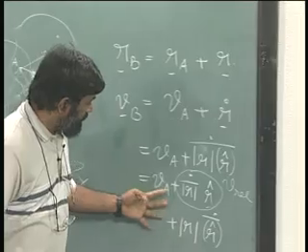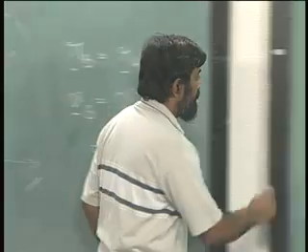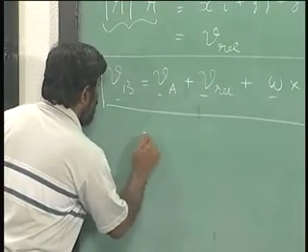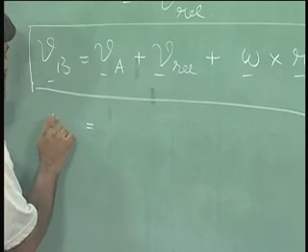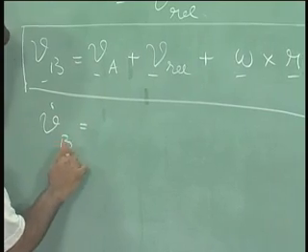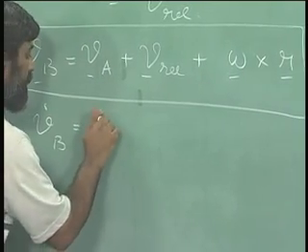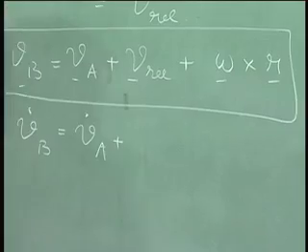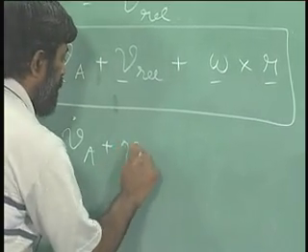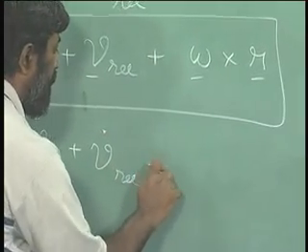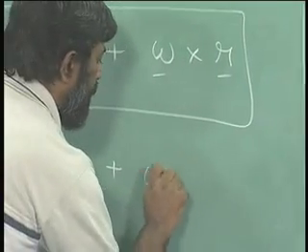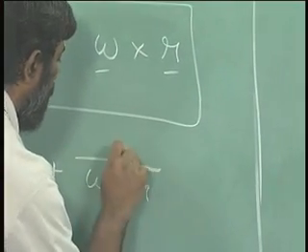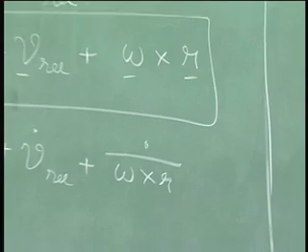Let me just translate this over there because it is easier. What I have here is V dot B equals V dot A plus V dot relative plus omega cross R dot, simple.